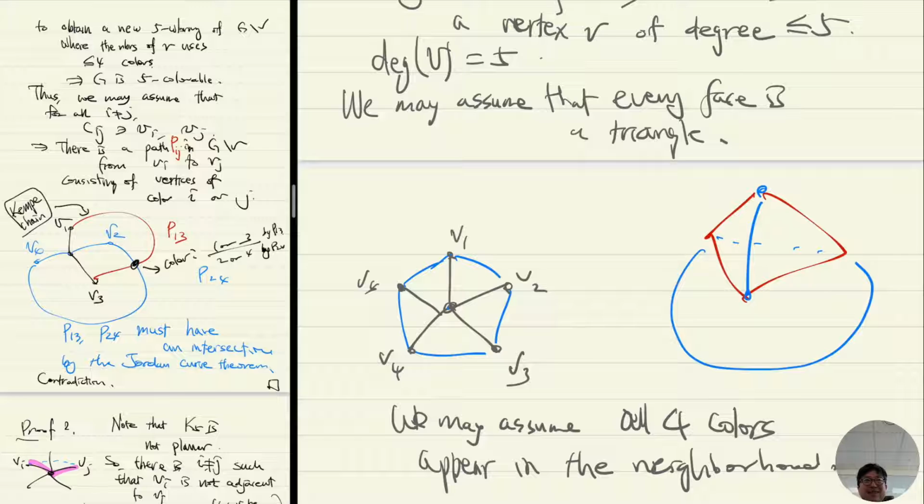Otherwise, we can extend it. If one color is not used, we can extend it. And let's assume that color 1 appears here, color 2 appears here, color 3 appears here. 2 vertices have the same color, right? That two vertices could be these two.